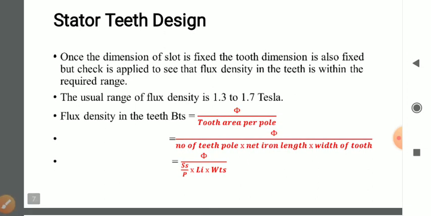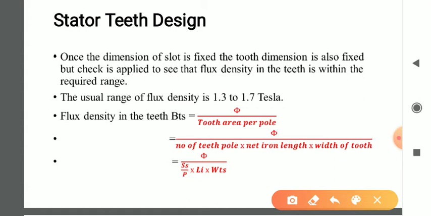Now let us come to the stator teeth design. Once the slot dimension is decided, it becomes fixed. So once we calculate the size of the slot, it becomes fixed.